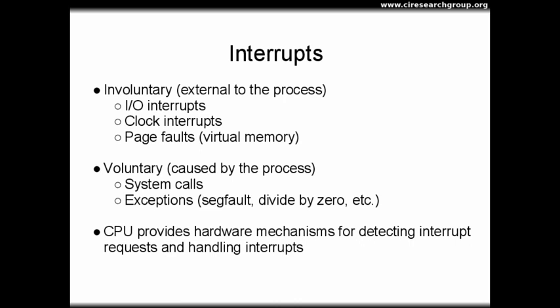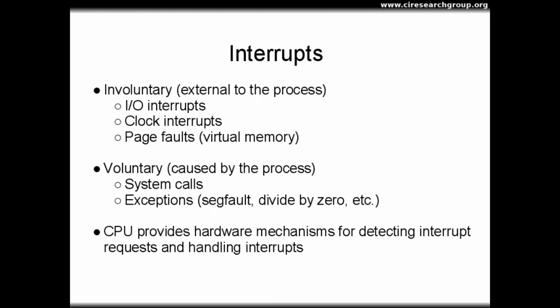These consist of things such as I/O interrupts, which are generated every time you press a key on the keyboard or perform any other I/O task; clock interrupts, which are timer mechanisms that can be scheduled to go off at a particular time; and page faults, which have to do with the virtual memory subsystem.